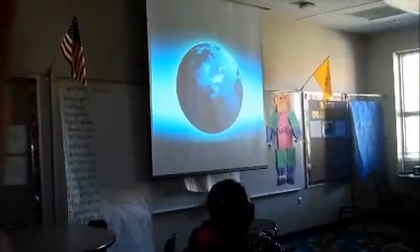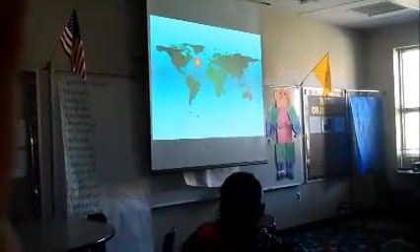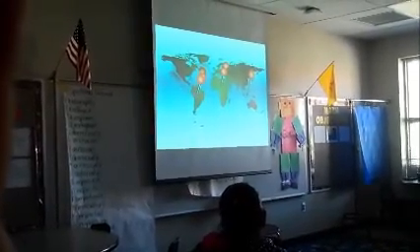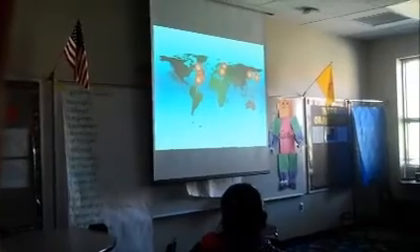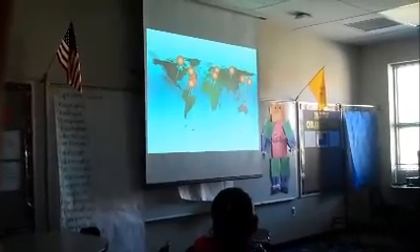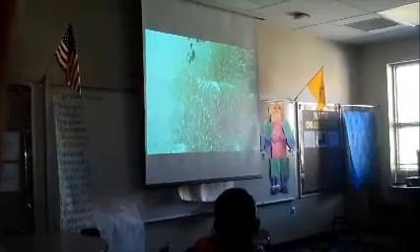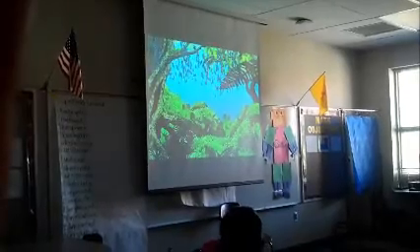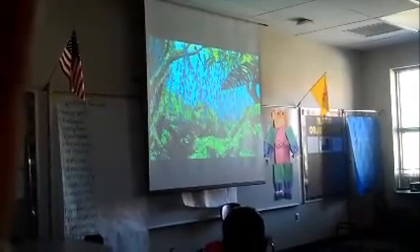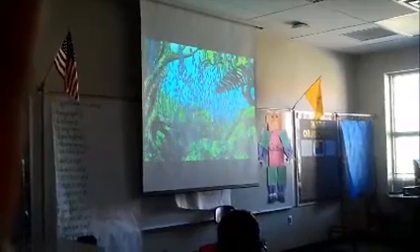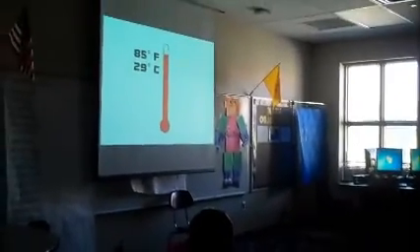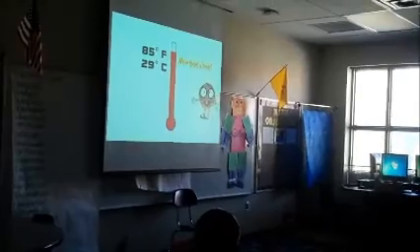The countries with the largest amount of rainforests are Brazil, Congo, Indonesia, Peru, Bolivia, Angola, Venezuela, Papua New Guinea, Mexico, and India. In a tropical rainforest, it rains nearly every day, and they get about 80 inches of rain a year. These rainforests have an average temperature of about 85 degrees Fahrenheit or 29 degrees Celsius.